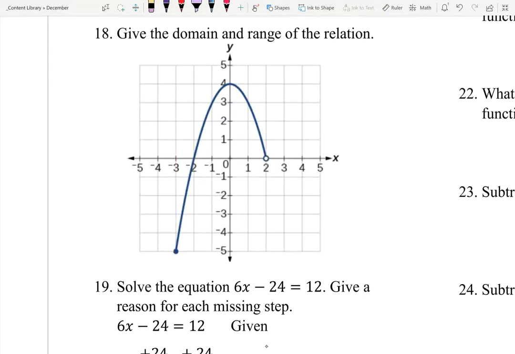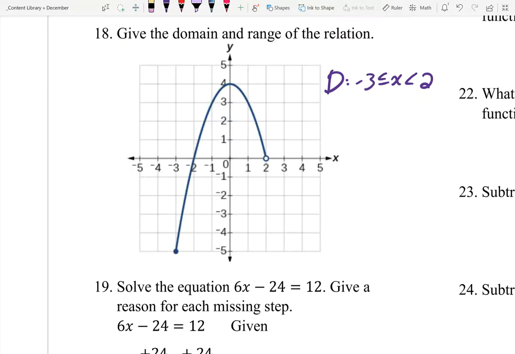Now you'll notice a closed circle here at negative 3 and an open circle here at 2. So our domain would say negative 3 less than or equal to x less than 2. Because x equals negative 3, thus the less than or equal to, but it does not equal 2, which is why it's just less than.